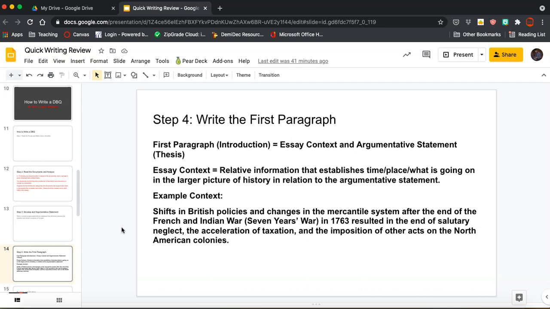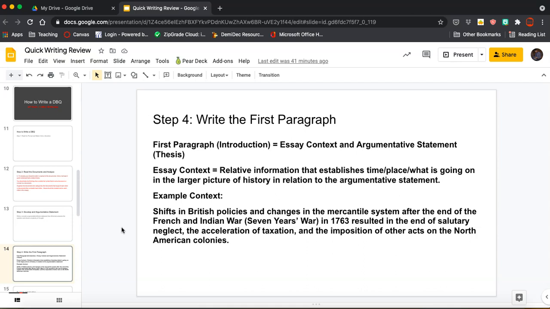So if I'm asking you about ideas of independence during 1763 to 1783, my context is this is the road to revolution. And what has caused this road to revolution? Well, the end of the French and Indian War. So my context would be shifts in British policies and changes in the mercantile system after the end of the French and Indian War resulted in the end of salutary neglect, the acceleration of taxation, the imposition of other acts on North American colonists.